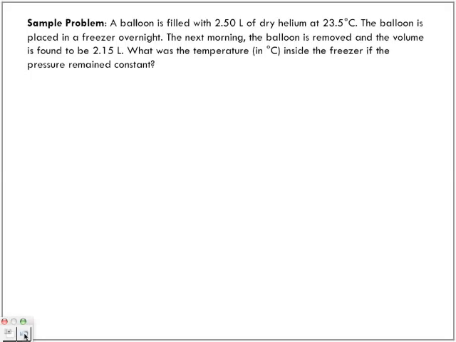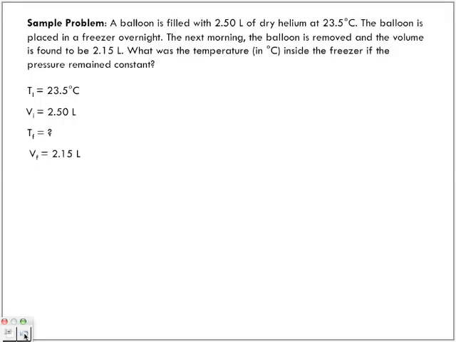Let's start off with our givens. Our initial temperature, 23.5 degrees Celsius. Our initial volume within the balloon was 2.50 liters. Our temperature change: what is the final temperature, which happens to be the temperature in the freezer that we're trying to find. And the final volume of the balloon lowered to 2.15 liters.